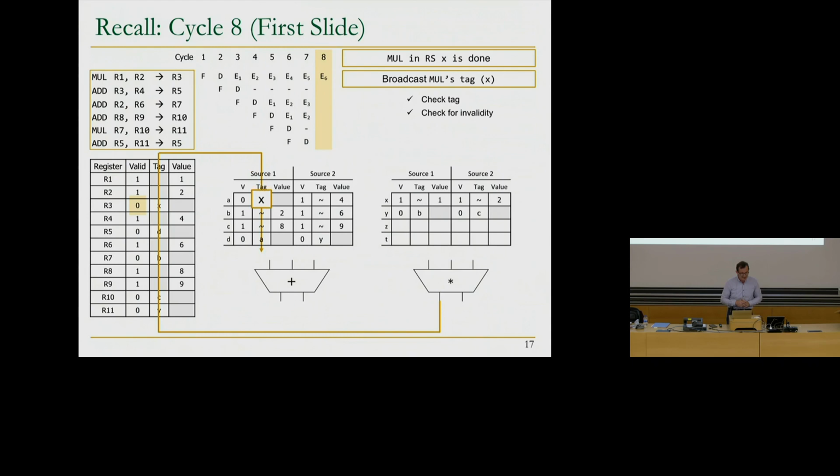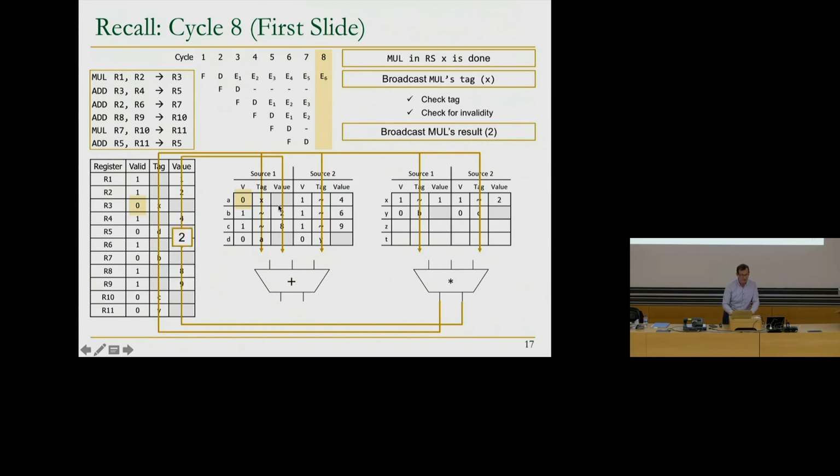You can see that X is being broadcast to all locations in the machine where you see tag. All of the places where you see tag, you should send the tag, because there might be some instructions waiting for that tag. And the instructions that are waiting for that tag and that do not have the value valid over here capture the value.